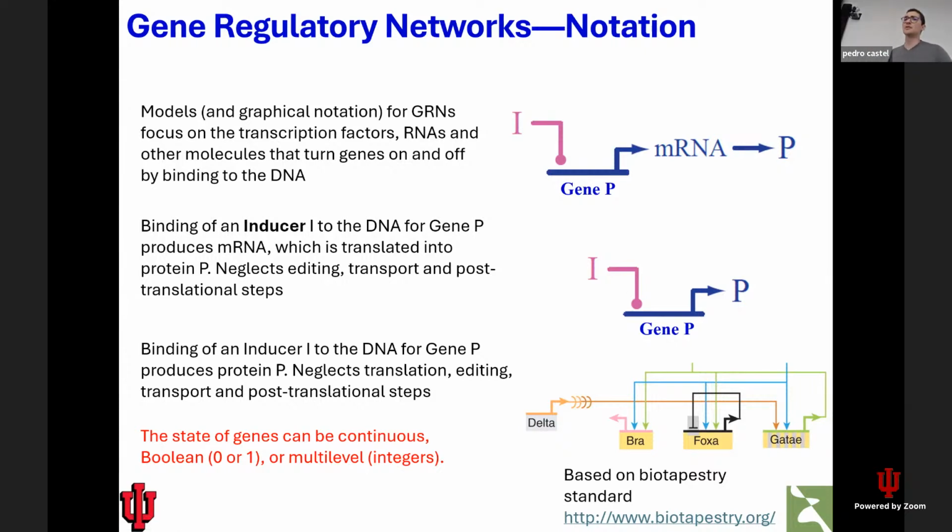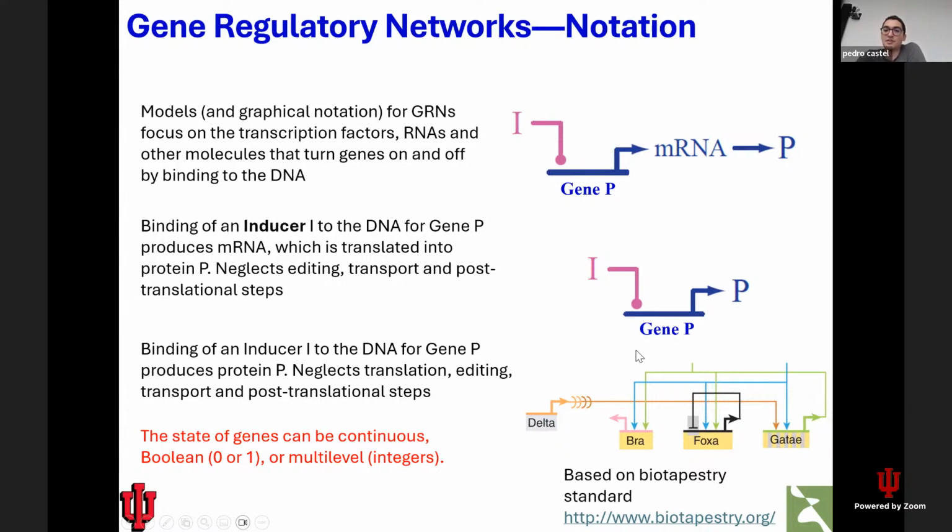And then the mRNA is producing the P protein, right? So here we have our central dogma, the transcription and the translation. You can shorten it. Sometimes you don't care about the mRNA, and then you simply say I is inducing the production of P.